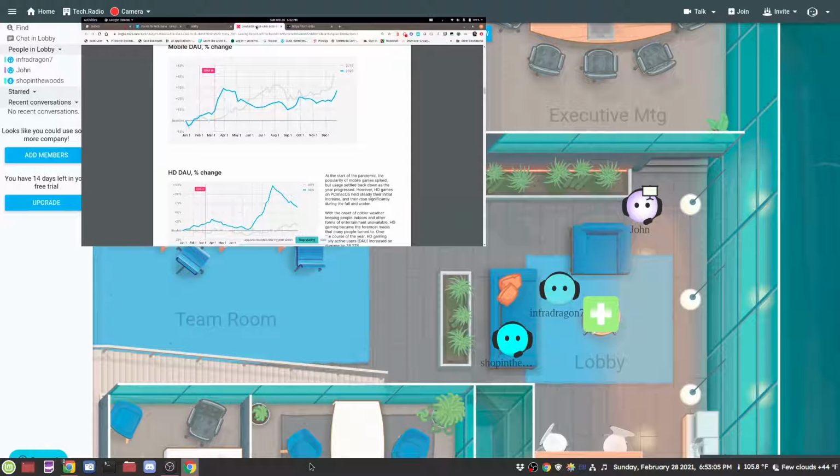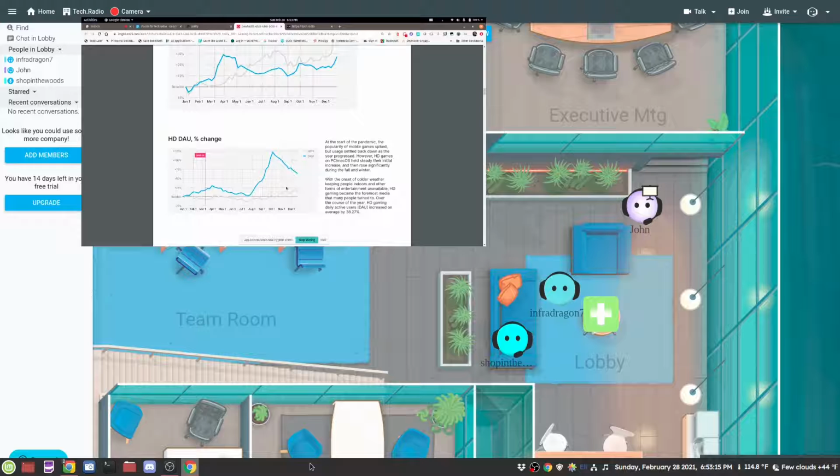But what we saw really hit hard in July and through August and throughout the rest of the year was that desktop gaming took off. To a non-trivial amount; my chart here is spiking at about 125%, so it more than doubled. The PC desktop gaming sales market is not small.